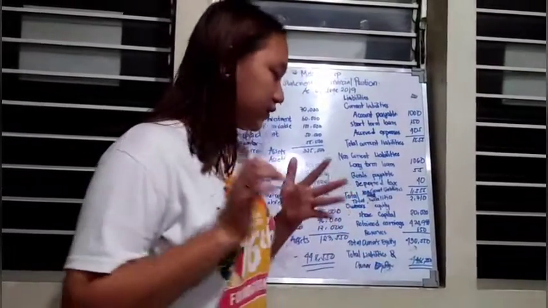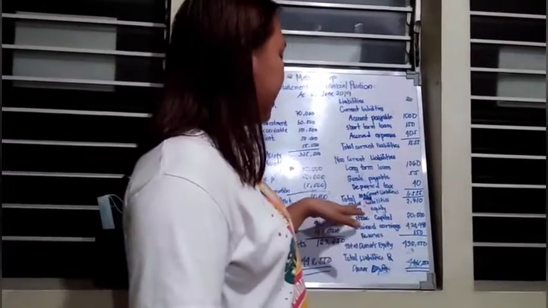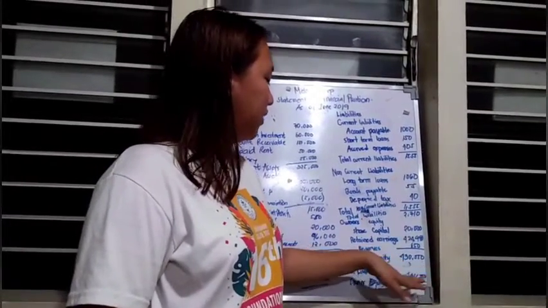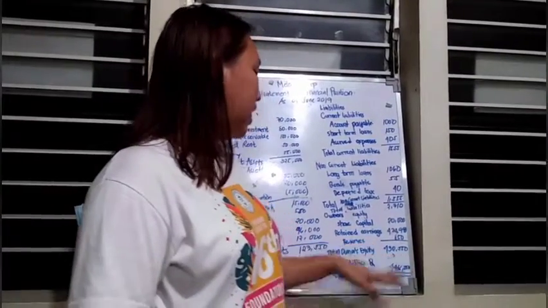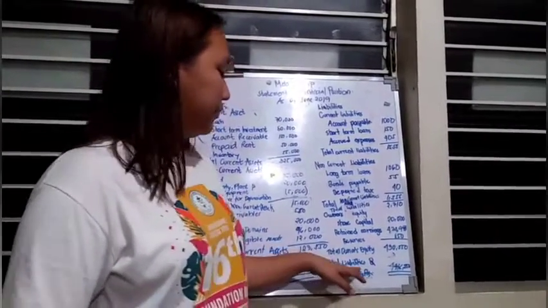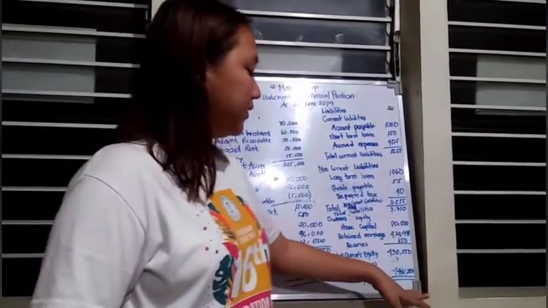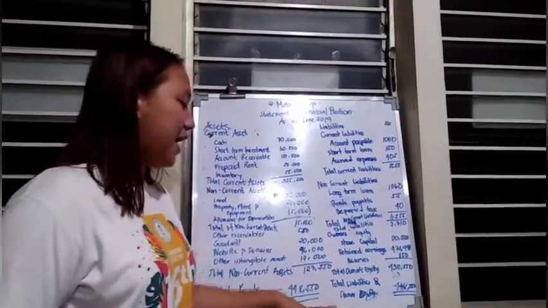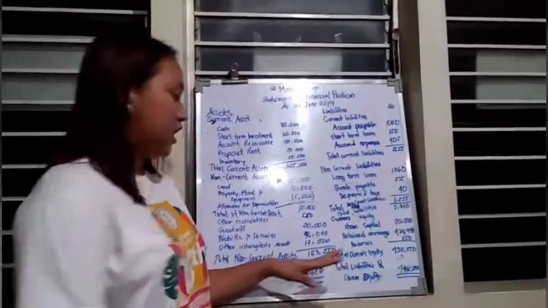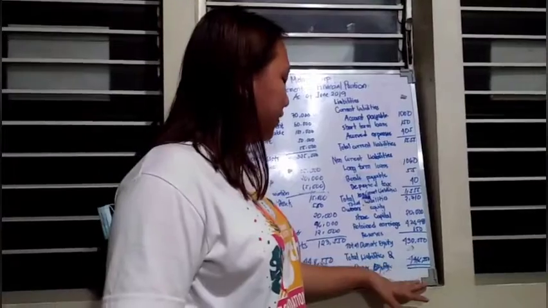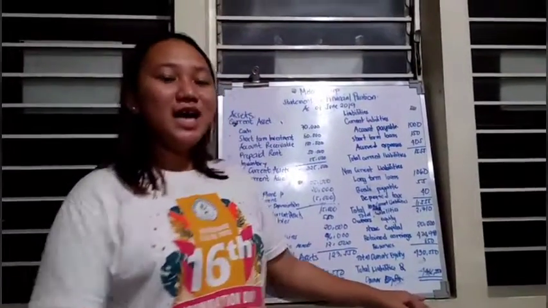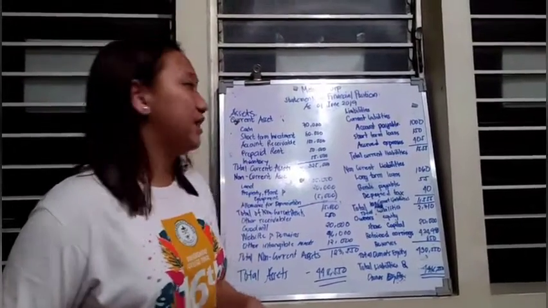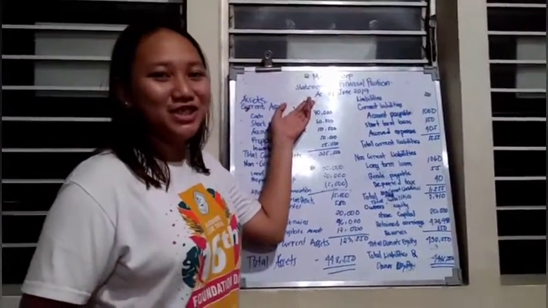Next, we need to add the total liabilities and the total owner's equity to have the total of liabilities and owner's equity, which is 448,550. So it is balanced. It is balanced with the total assets and the total liabilities and owner's equity. So guys, this is how we're going to write the statement of financial position.